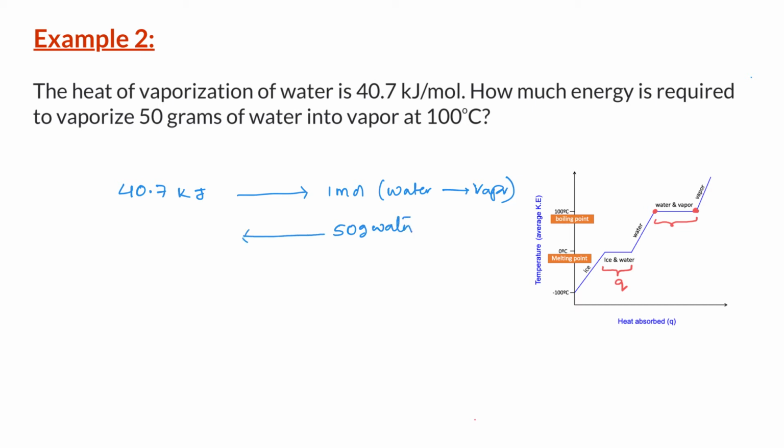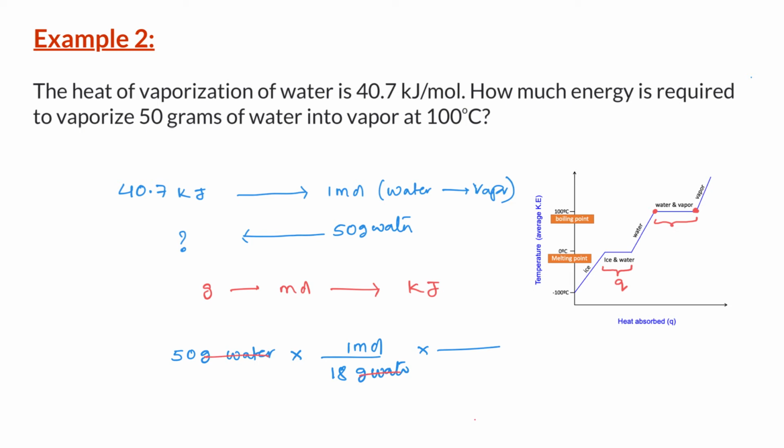So, first, I convert grams of water into moles of water, and then moles of water into kilojoules of energy. We start with 50 grams of water. Let's convert that into moles by multiplying it with a conversion factor that is 1 mole of water per 18 grams of water. Grams of water gets cancelled.